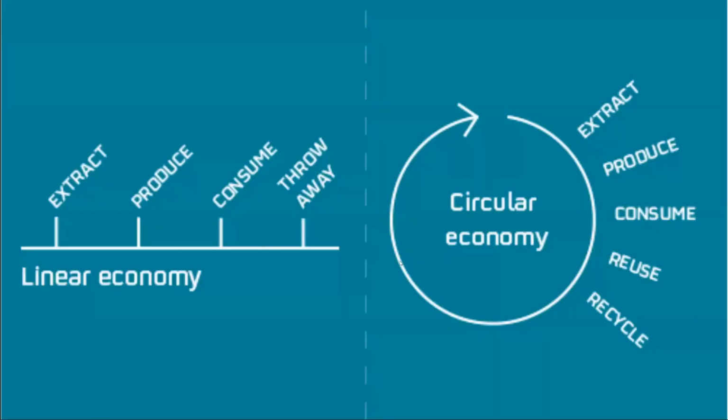In this slide, I want to show how the linear economy behaves and how the circular economy behaves. On the left side, in the linear economy, the producer extracts the raw materials, produces, and the final goods are consumed by the consumer, and the consumer throws it into the environment, the surroundings.